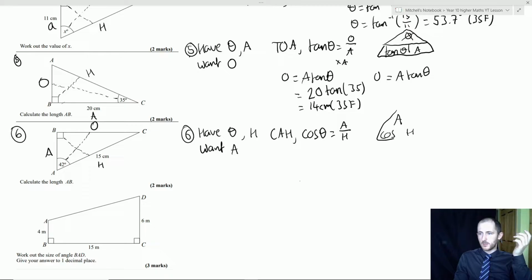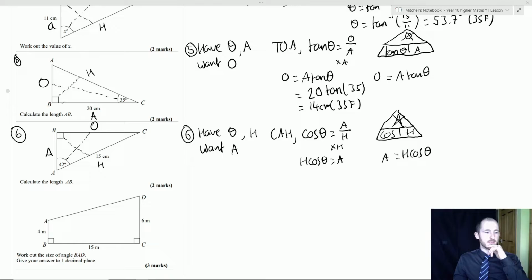Up to you which method you want to use. I personally prefer rearranging, but that's because I'm a nerd. And we want A. If I multiply both sides by h, I get h cos theta equals A. If I cover up A, I also get A equals h cos theta. It's the same thing for both ways, okay?